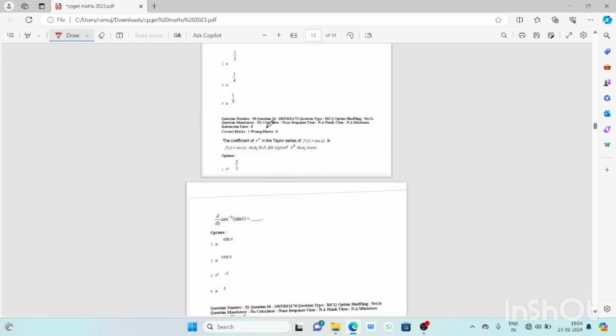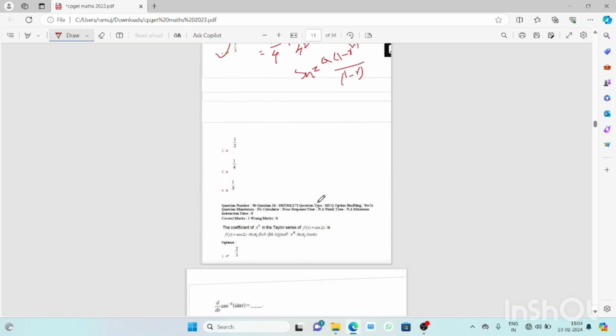Question 50: the coefficient of x power 4 in the Taylor series of f of x equal to cos 2x. He already provided the function f of x equal to cos 2x, and he is asking for the coefficient of x power 4.